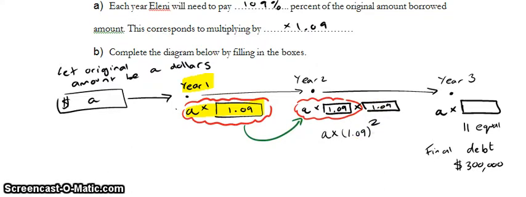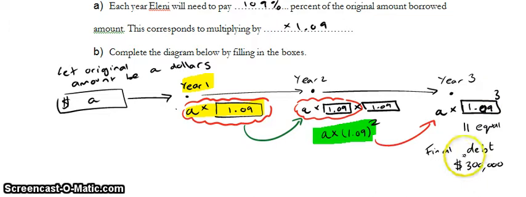And then this is the new amount when it's been increased at year 3. So we times this new amount, A times 1.09 squared, by 1.09, and we get 1.09 cubed. So the final debt can't exceed this, so the maximum value is this, and the final debt is going to be this. So they're the same thing.